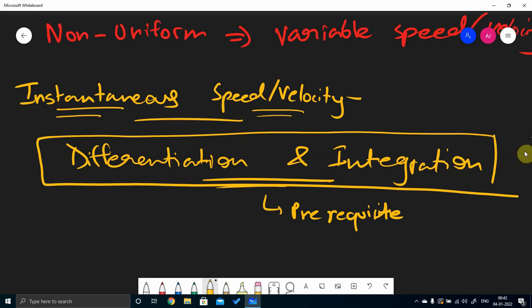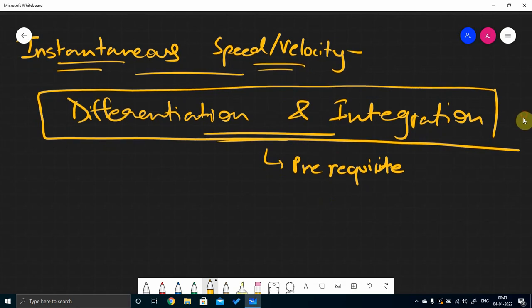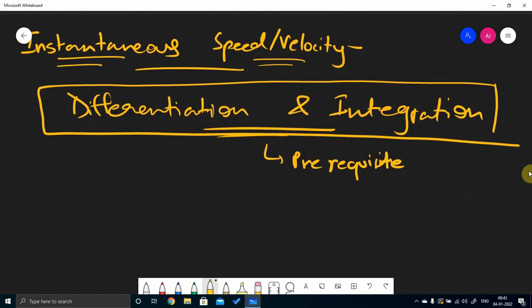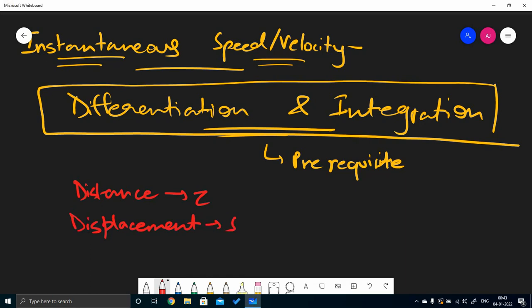For those of you who know basic differentiation and integration, what instantaneous speed or velocity means is that, let's say your distance slash displacement over here. Let's say we take distance as z, and let's take displacement as s.